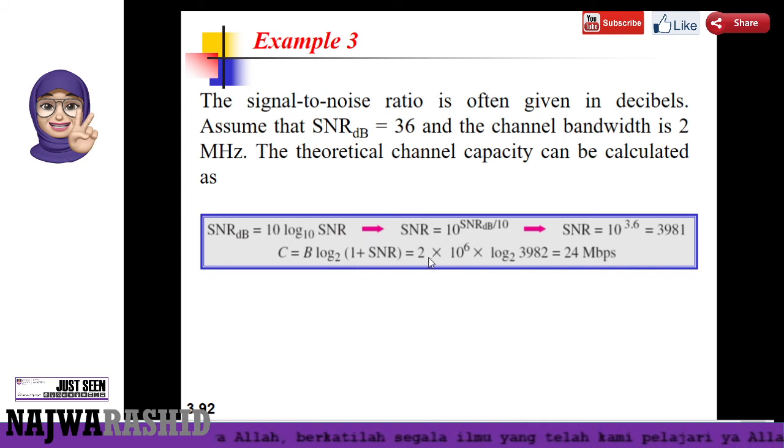So 2 times 10 power of 6 for megahertz, times log base 2 of 3982, which is SNR plus 1. The final answer is 24 megabit per second.